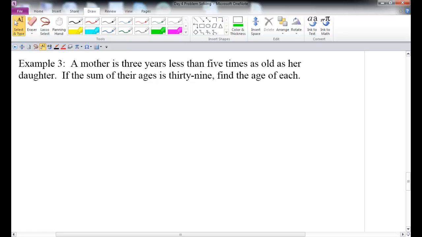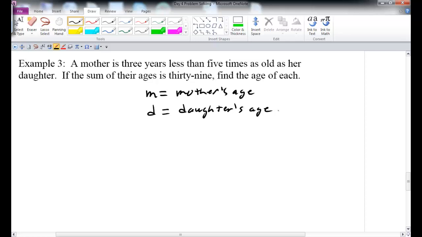So, the let statements come pretty easily. Let's go and let M equal the mother's age. And then let D equal the daughter's age. Okay, now we need two equations that express the two relationships.